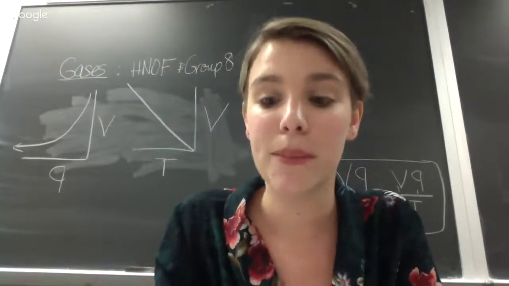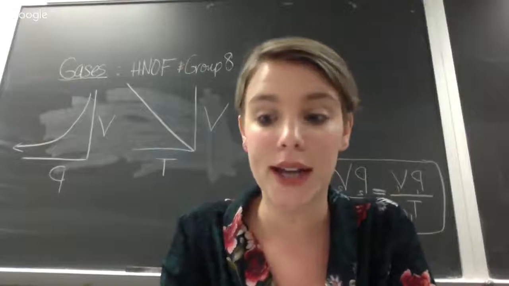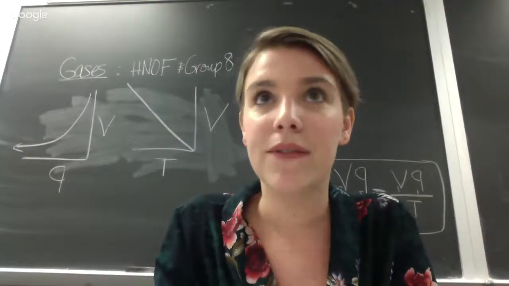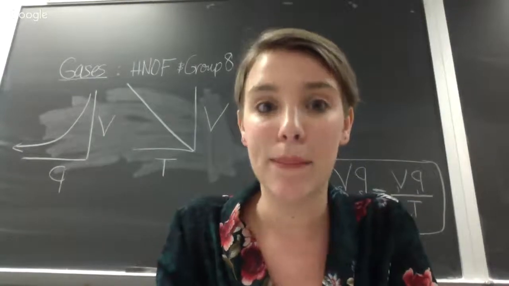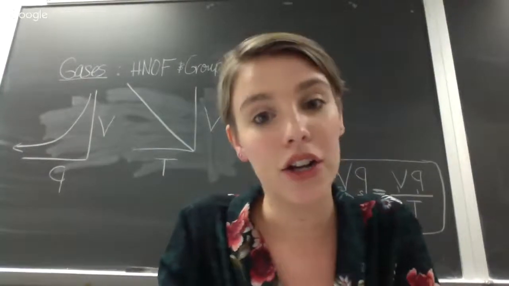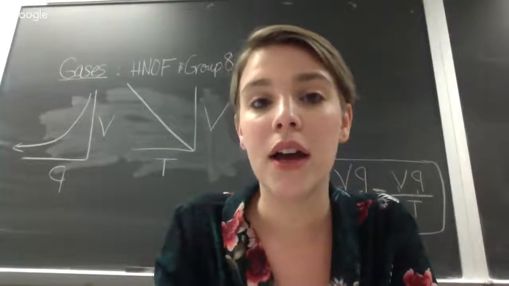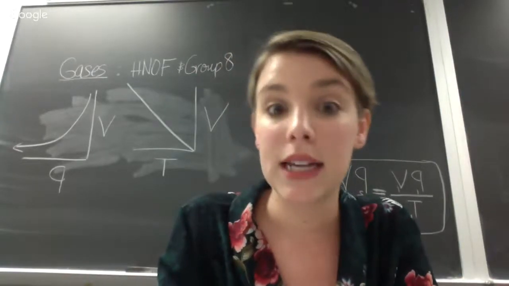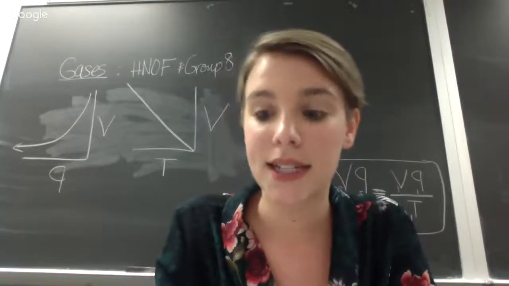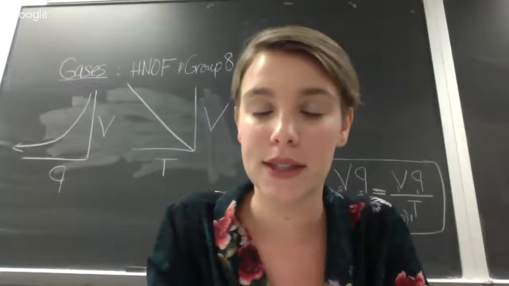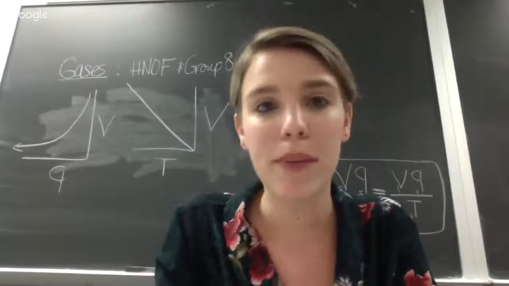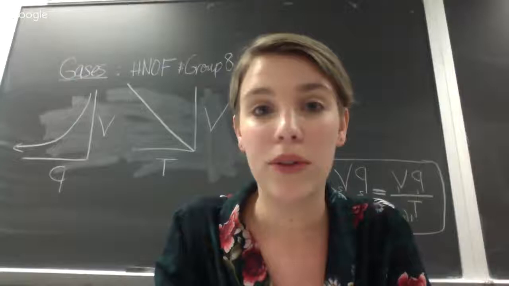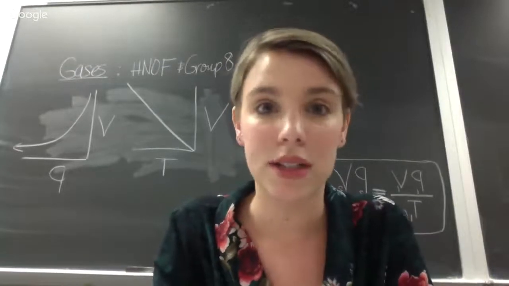It also depends on what the question asks for. If it has ATM in the given, you're not going to use that one. You're going to use 0.0821 liters times ATM over mole times Kelvin. It just depends on what the question asks. They can throw both at you on an exam. It really just depends.